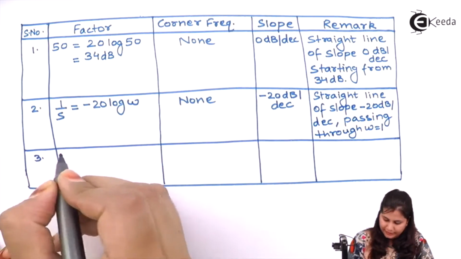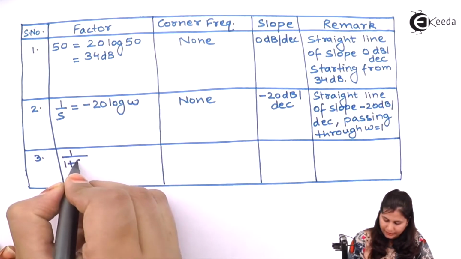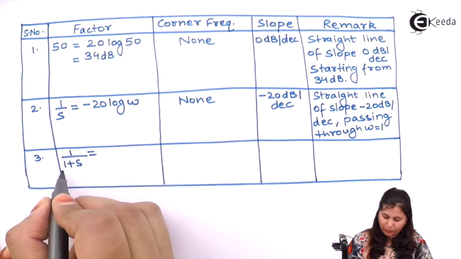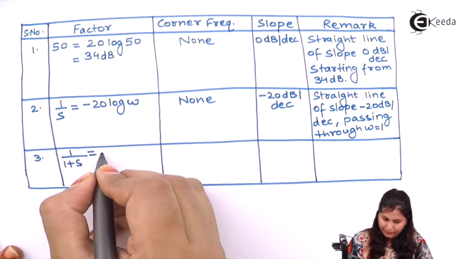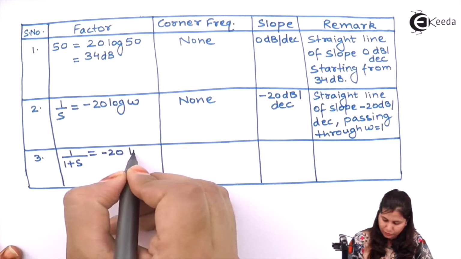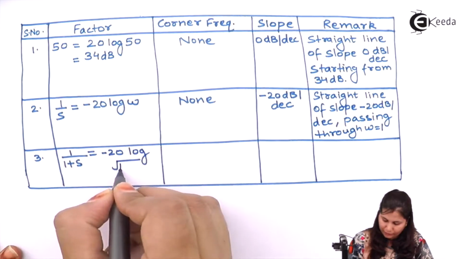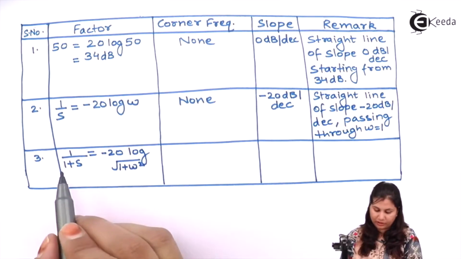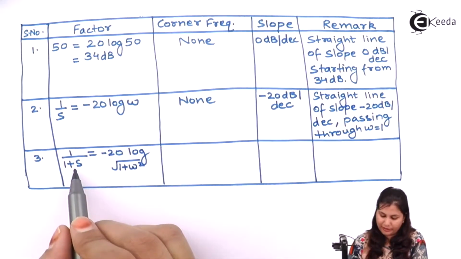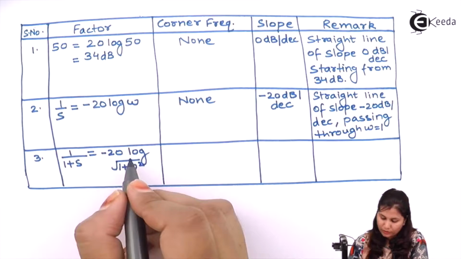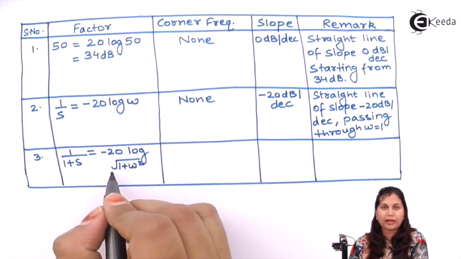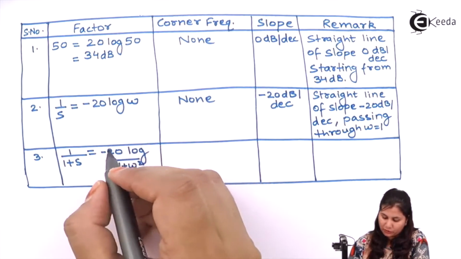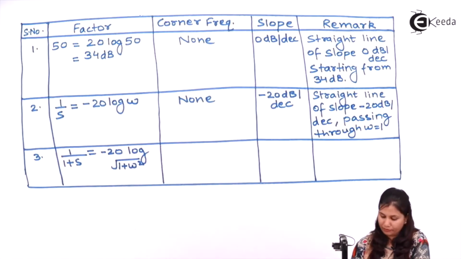The third factor is 1 upon 1 plus s. It can be written as 1 upon 1 plus j omega, and its magnitude will be minus 20 log under root of 1 plus omega square. Here the real part is 1 and the imaginary part is j omega, so under root of real part square plus imaginary part square, so minus 20 log under root of 1 plus omega square.